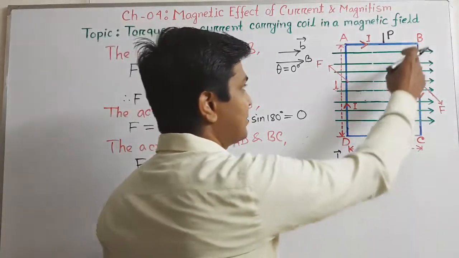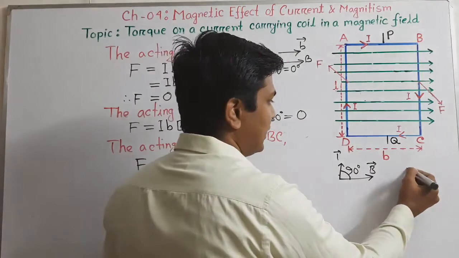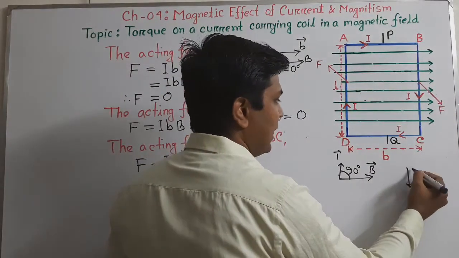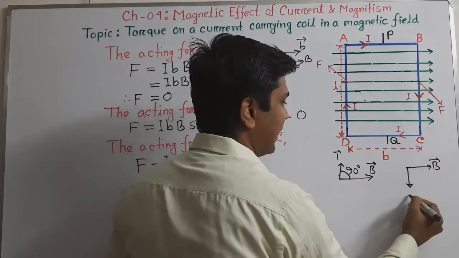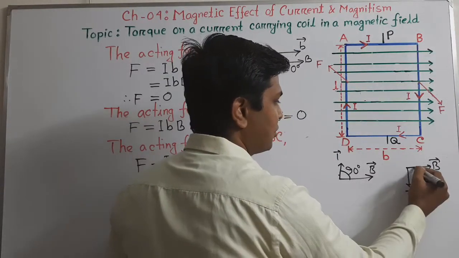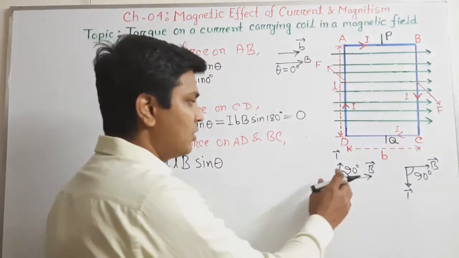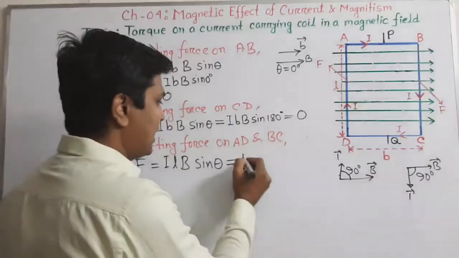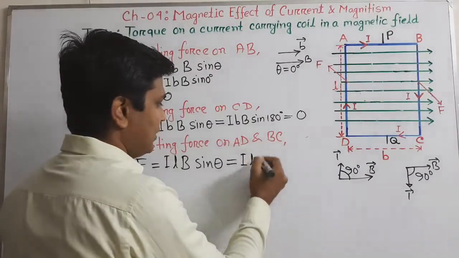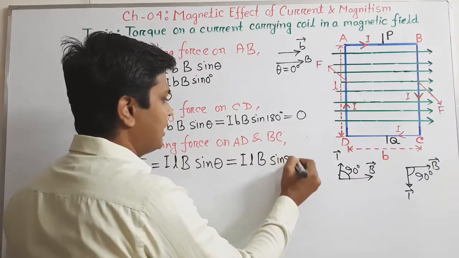Similarly, on the side BC of the rectangular coil, the length acts downward and the magnetic field acts forward. So the angle between those two vectors is also 90 degree. Now if we put the value of theta 90 degree in that equation, then you can write I L B sine 90 degree.